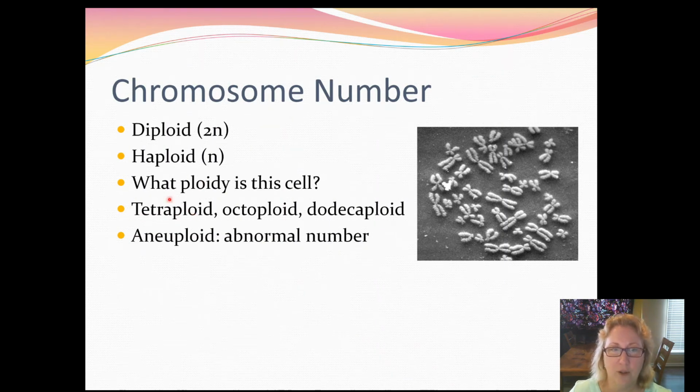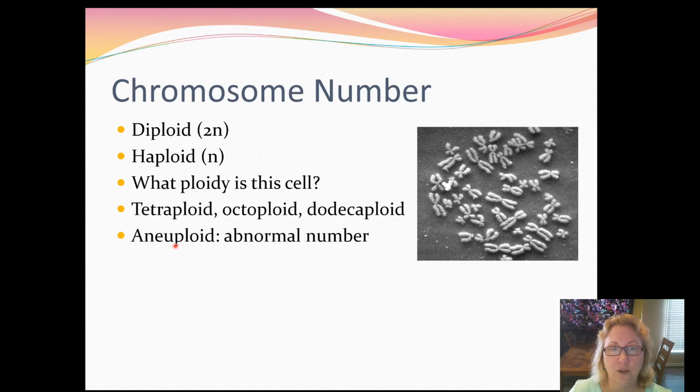We do have organisms that have more than 2 of each chromosome. So tetraploid would be 4, octaploid would be 8, dodecaploid is either 12 or 20, I forget. Aneuploid is abnormal. Aneuploid is an abnormal number of chromosomes, so you can see the root in here is actually an, meaning not, and u for good.